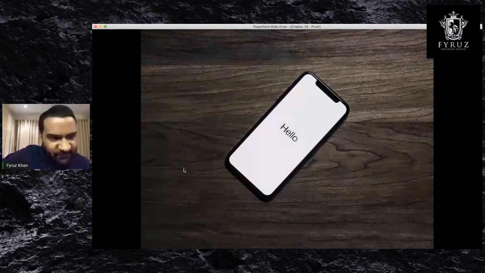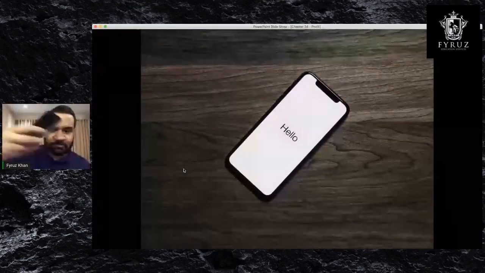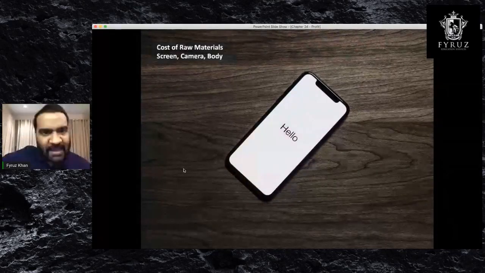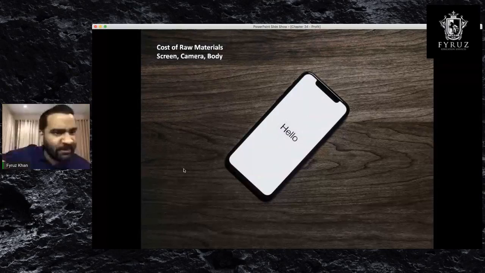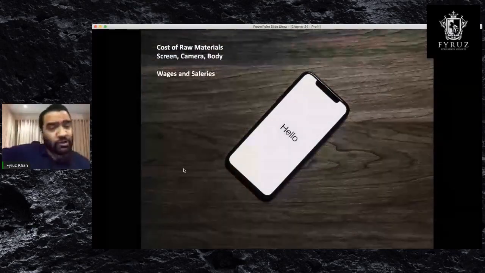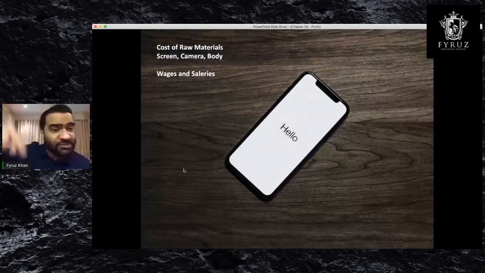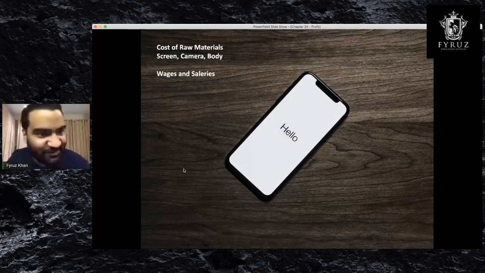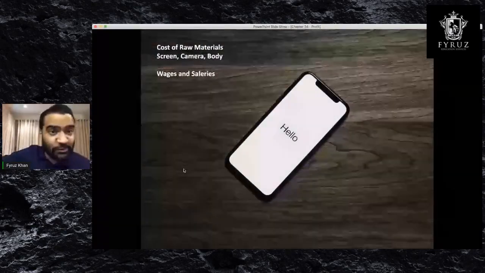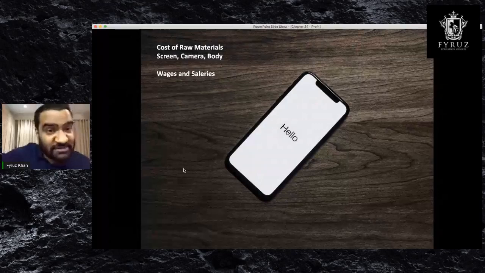Think about a phone. Now, this phone has a screen, it has a camera, it has a body. Now, these are all cost of sales. Wages and salaries, sorry, the spelling of salary is wrong here, it's my typing error, wages and salaries are also cost of sales.